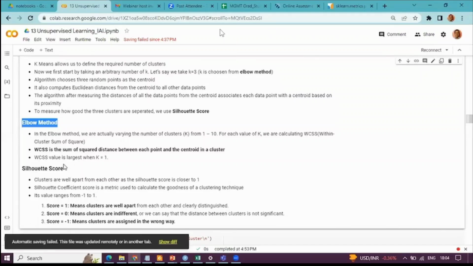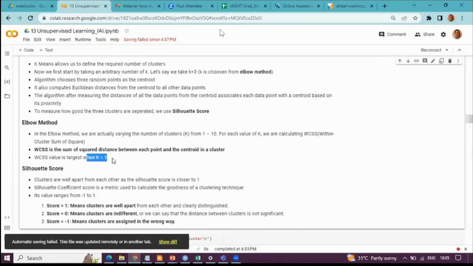So the WCSS value is the largest when k equals 1. Only one cluster is there. Obviously, all the elements will be a part of that cluster. Some of them may be very close to the centroid, some of them may be very far from that centroid, but they have to be part of the same cluster because we have to give only a one cluster solution.